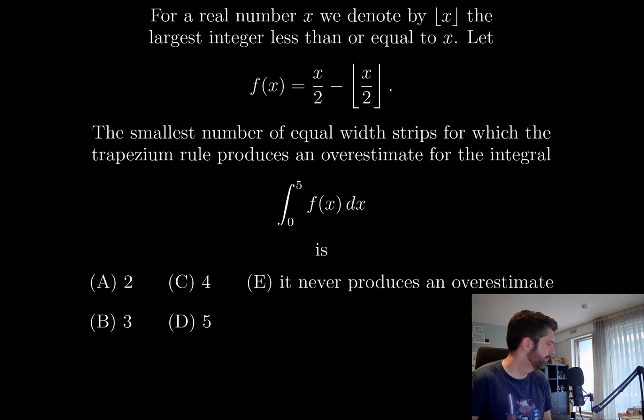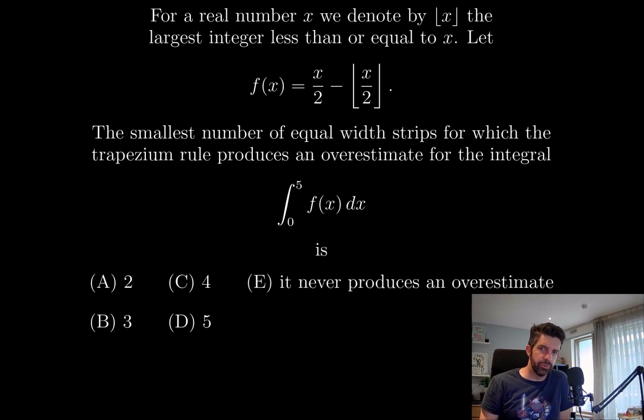Okay. My instinct here is that it'll never produce an overestimate. What is this function? Actually, that might be wrong. So what does this function look like? It's going to be like a sawtooth function, right?